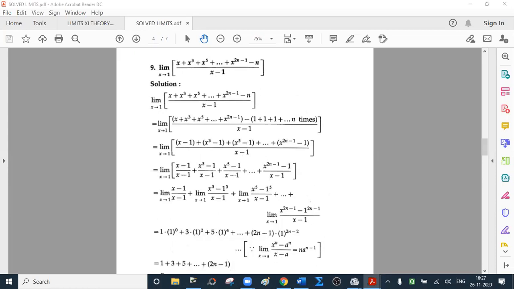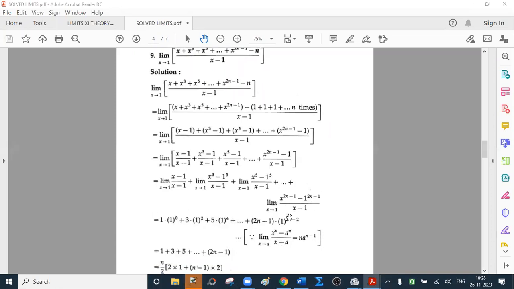Split numerator, yes, and then say limit of sum is sum of limits. Now each function is of which type? This one, x^n minus a^n upon x minus a. As x tends to a, what is the answer? N into a^(n-1). Now 1 raised to is 1. So this is 1 plus 3 plus 5 up to what? 2n minus 1.